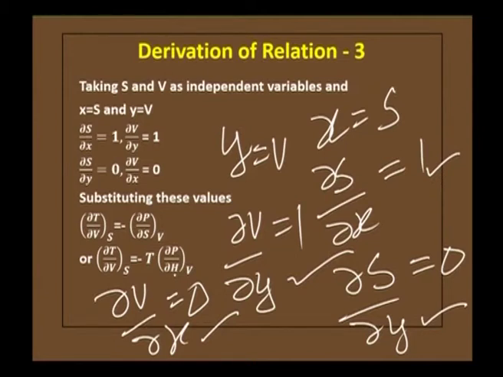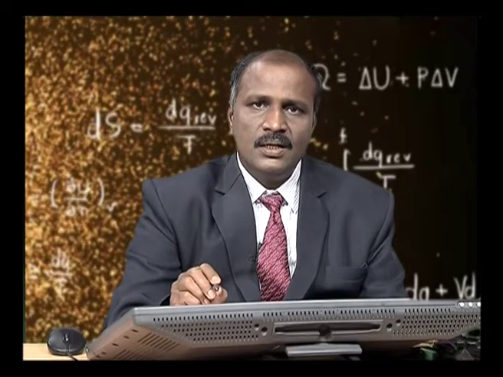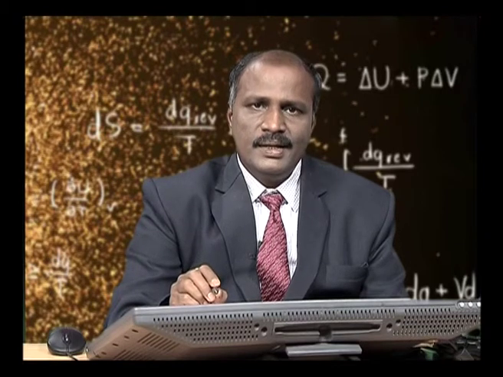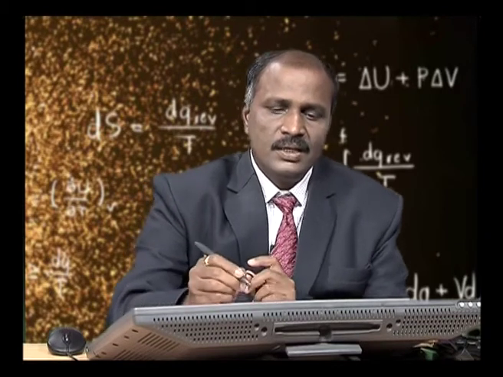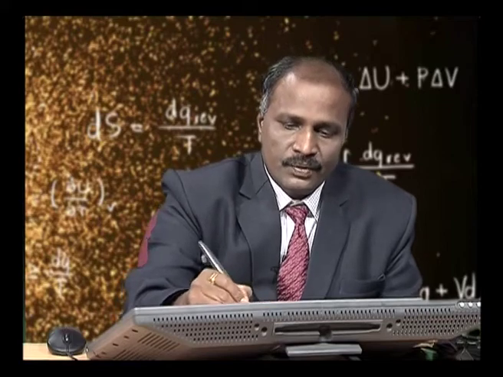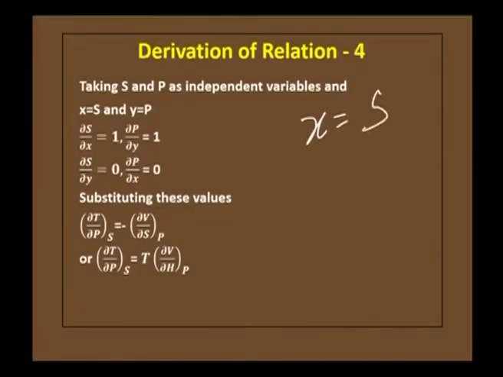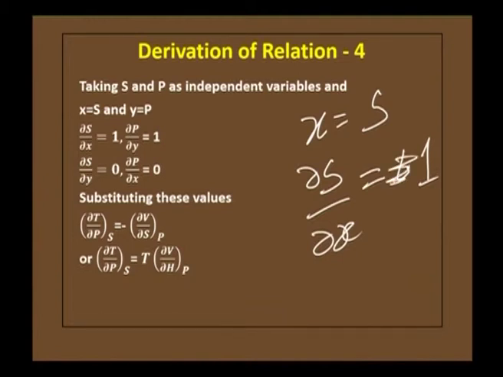The fourth relation: the similar argument holds good, taking s and p as independent variables and putting x is equal to s, differentiating with respect to x. Therefore, I can write ∂s/∂x is equal to 1, and ∂s/∂y is equal to 0.